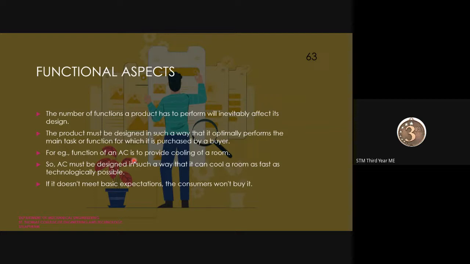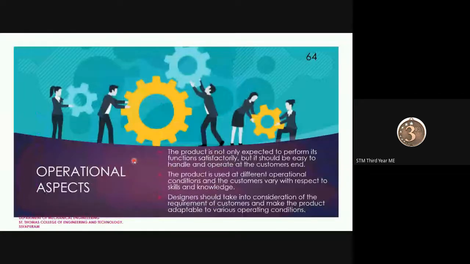Okay, so the primary function was always to ensure that the room is cool. And to ensure that, the AC has to work in such a way to reduce the temperature. Okay, that is the functional aspect, while the other one is the secondary aspect related to it. So we are determining the functions in the next stage. So first one was customer requirement, next one was functional aspects, wherein you are determining what all functions the product has to perform. Next one are the operational aspects.